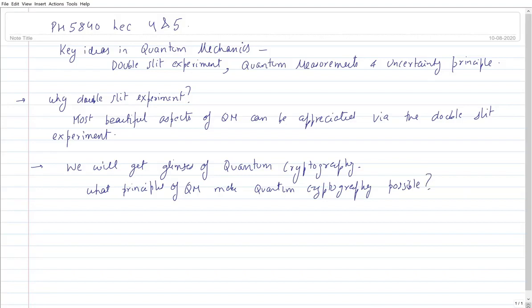Also, I would tell you that you can regard the double slit experiment itself as a quantum computer, or a quantum computer to be a gigantic double slit like experiment happening. So that's essentially the idea.